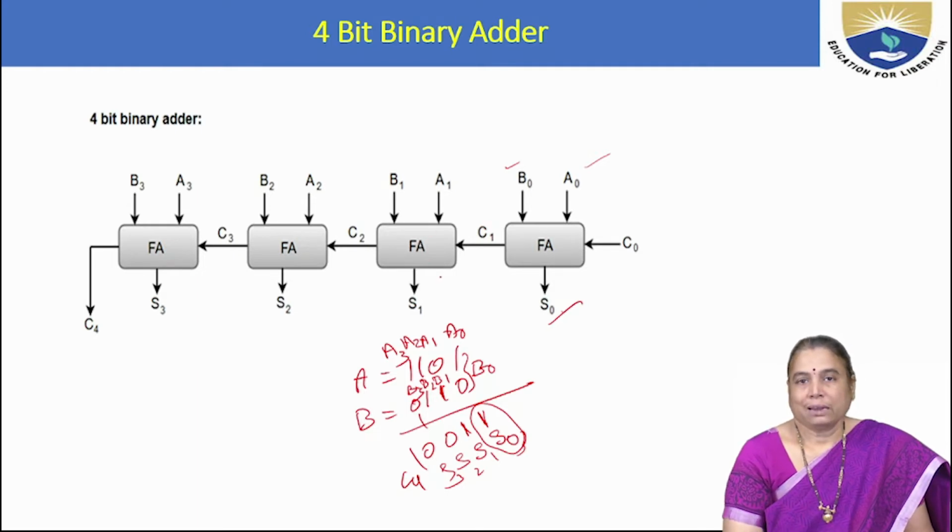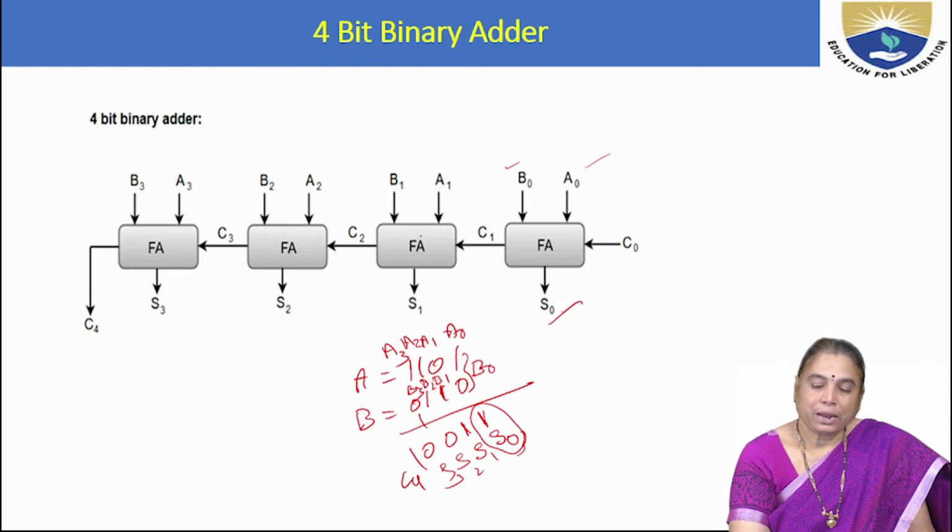These full adders can be connected in a cascade fashion. So the next full adder takes the 1 bit of the A register as well as the B register respectively, and the carry from the previous stage is given as input to this full adder.